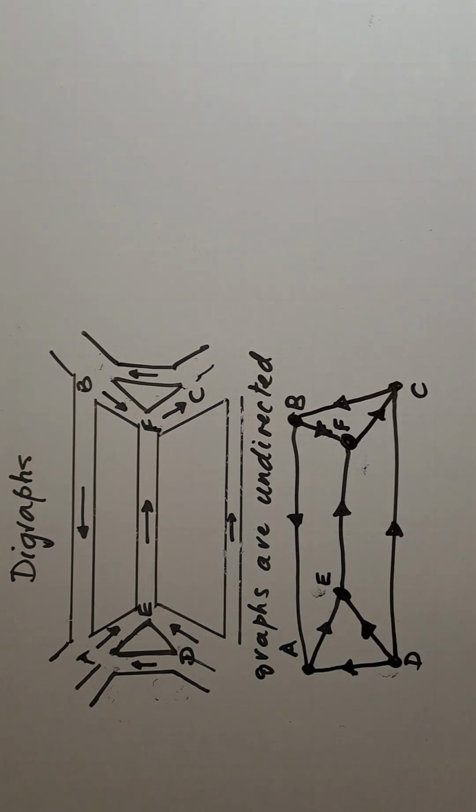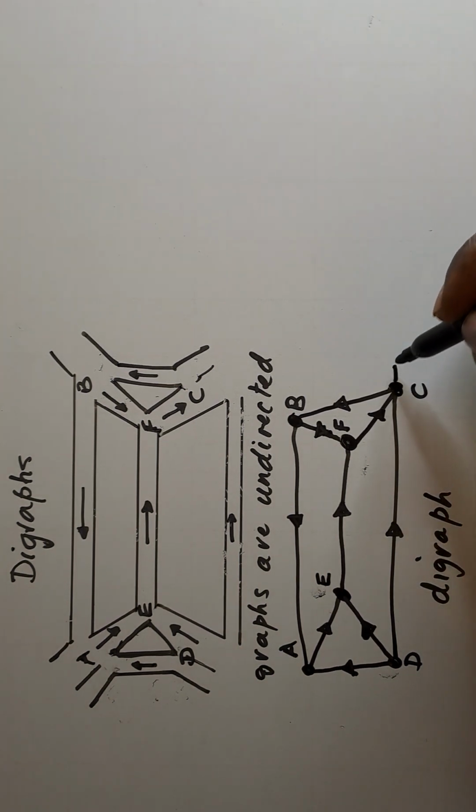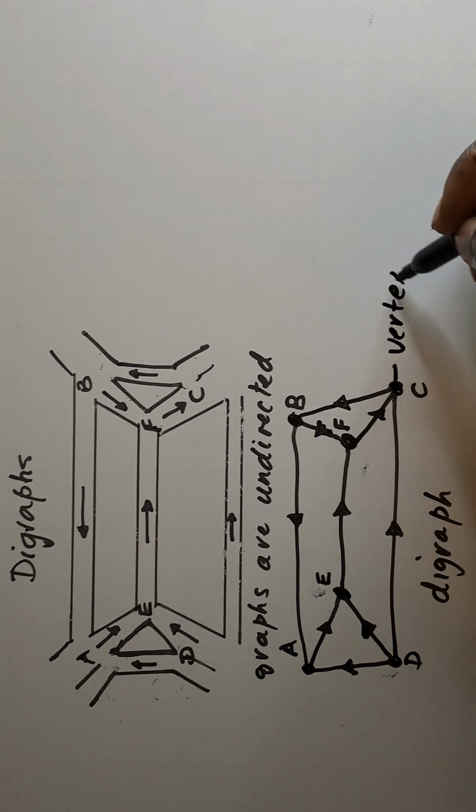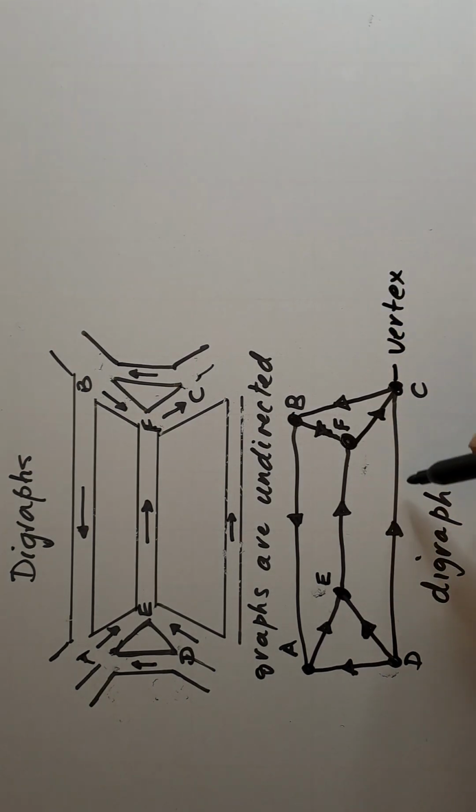So there we have it, our one-way system represented by this digraph. Now this is a vertex, and this is an arc.